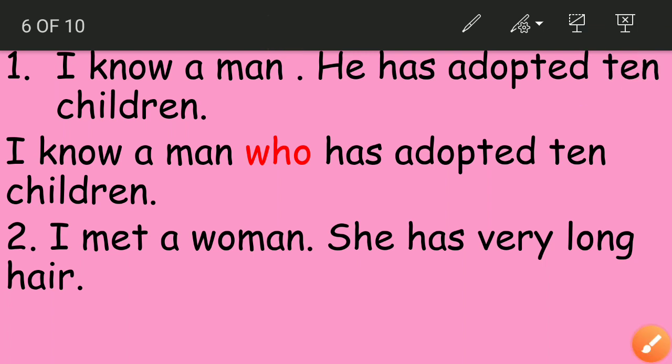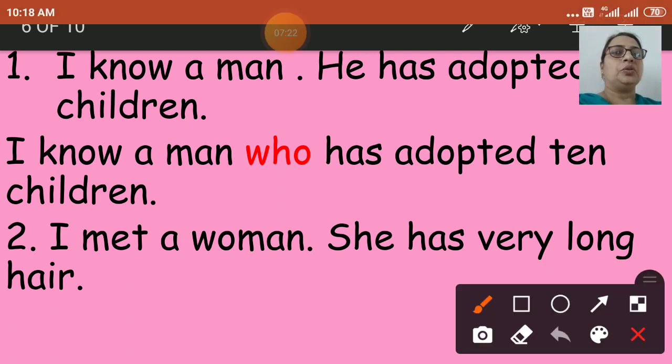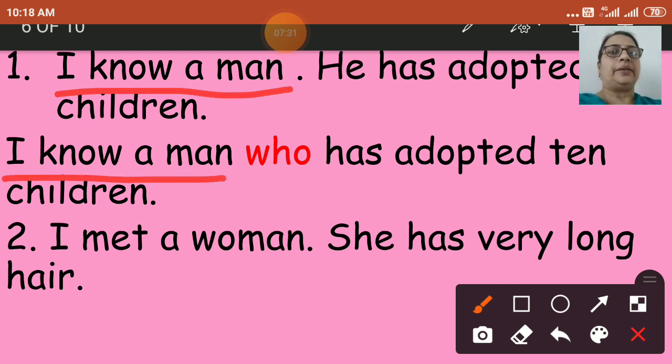Now here, what we have done to join these sentences, have you observed? See, what we have done, we have copied down the first sentence as it is, I know a man. Then instead of this full stop, we have to remove the punctuation mark which is given at the end of the first sentence.